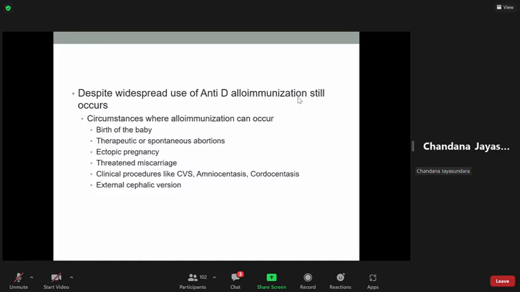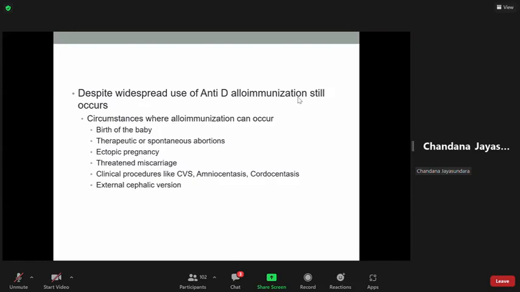It is a universal precaution that we give this injection, but still we find sensitization. Why is that? Circumstances can occur not only at the birth of the baby.